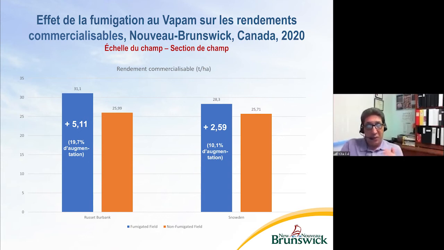The treated half was still green, and the non-treated half with Vapam was dying early comparatively. So in case of Russet Burbank, the grower had an increase of about 20% in marketable yield, 5.11 tons per hectare. In case of Snowden, it was a little bit less, but about 2.6 tons per hectare increase in marketable yield.